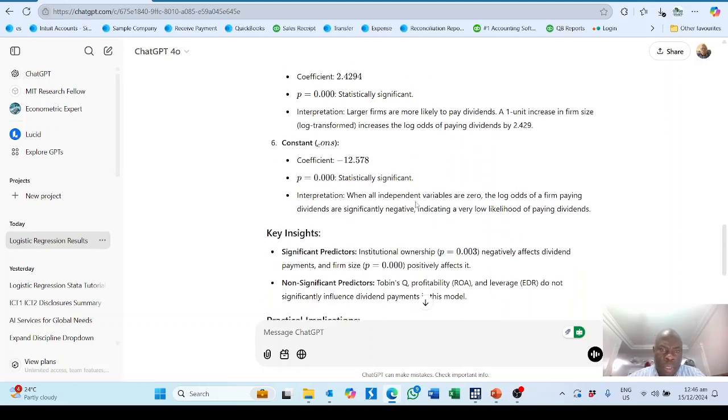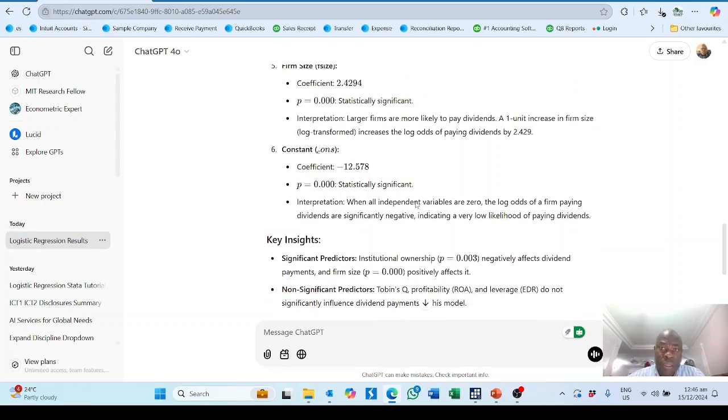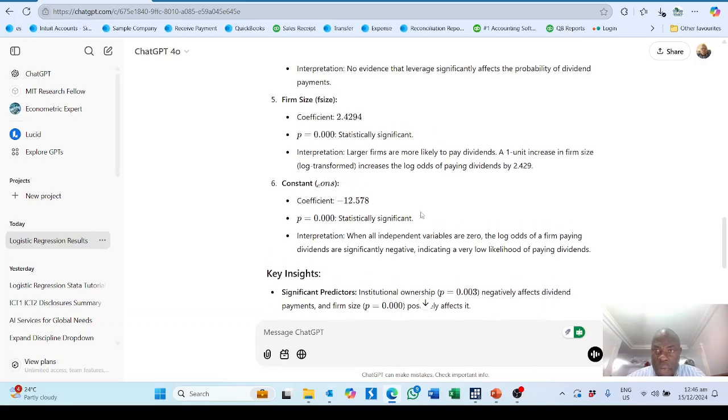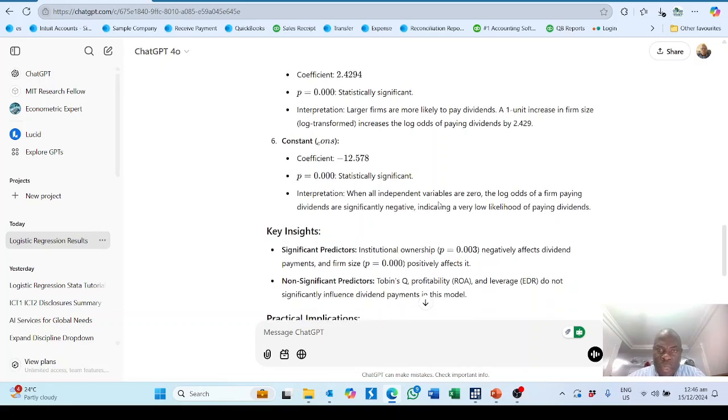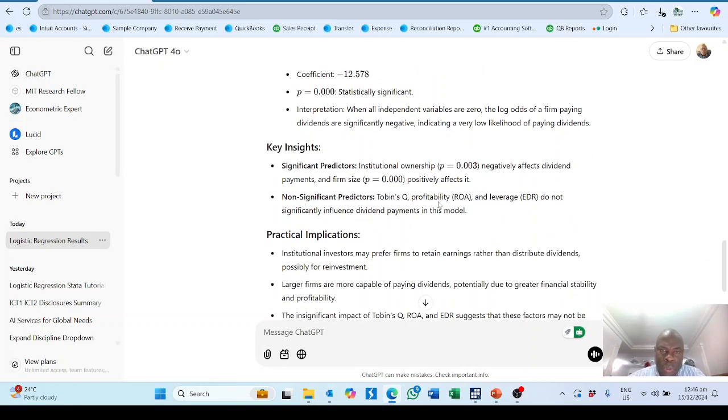That is good. It means that big firms, large firms, have high chances of paying dividends in the consumer goods sector.